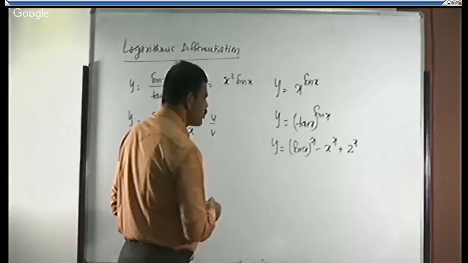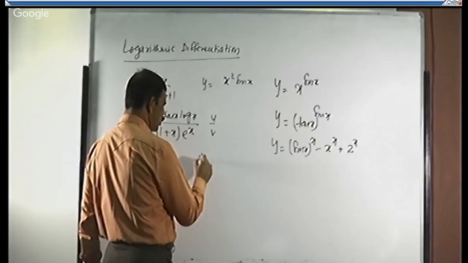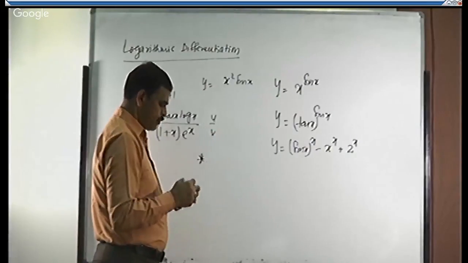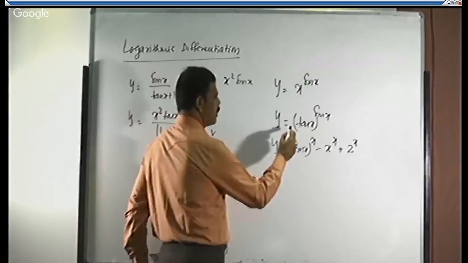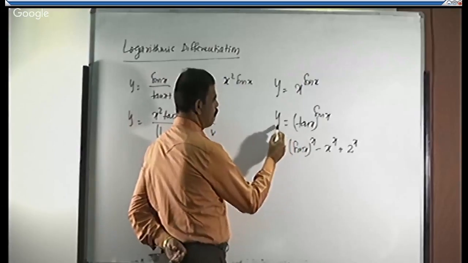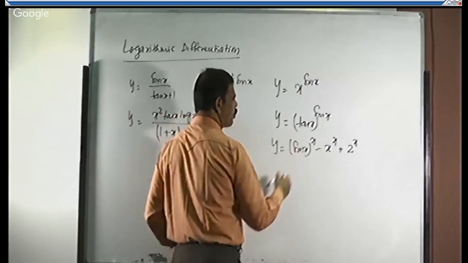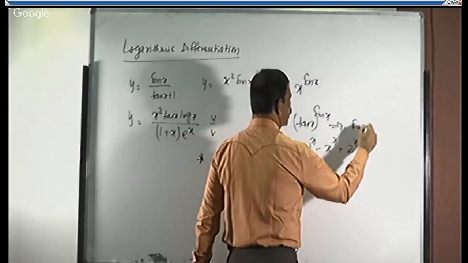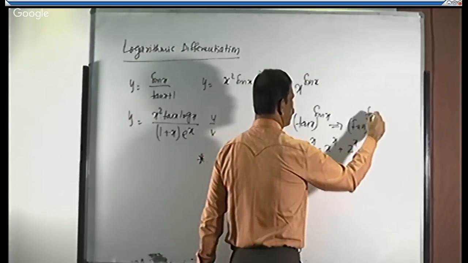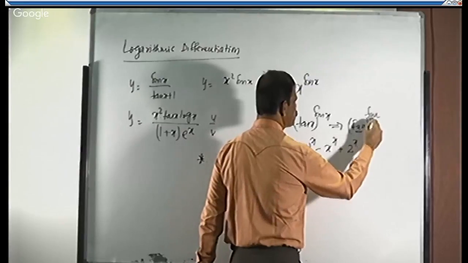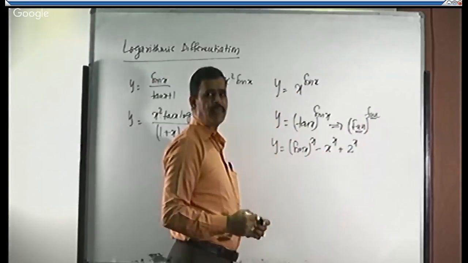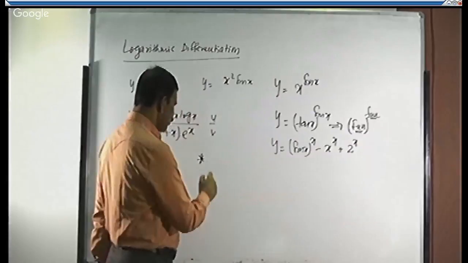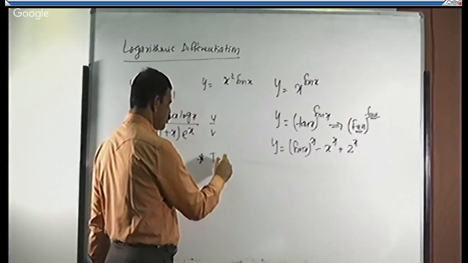What are the steps involved in logarithmic differentiation? Suppose the function is given like this, y is equal to function to the power of function. This is in x, this is also in x. It cannot be differentiated directly. Therefore, we have to take log on both sides.